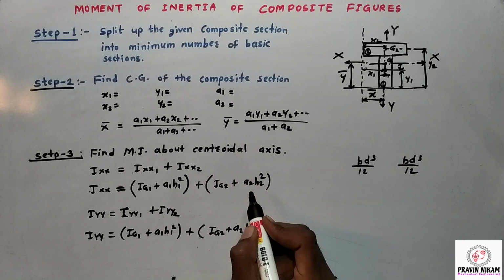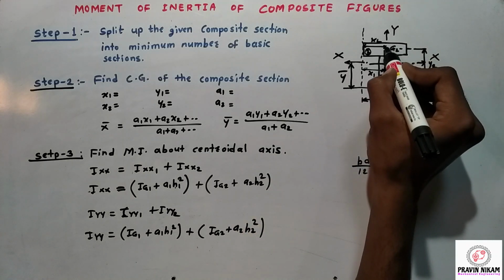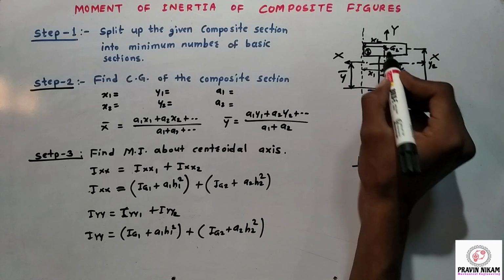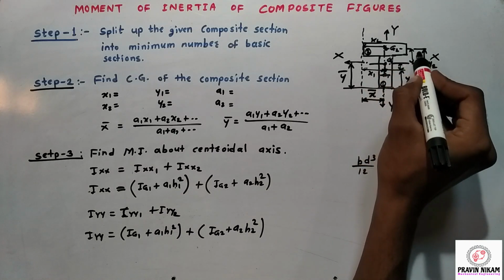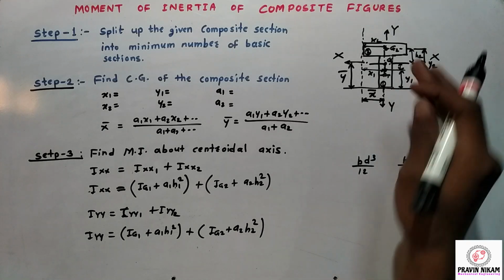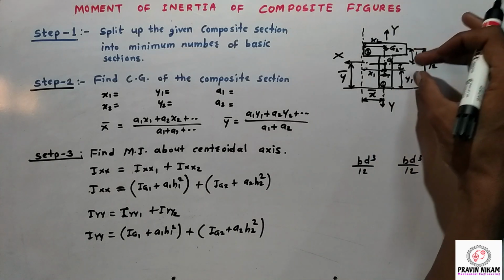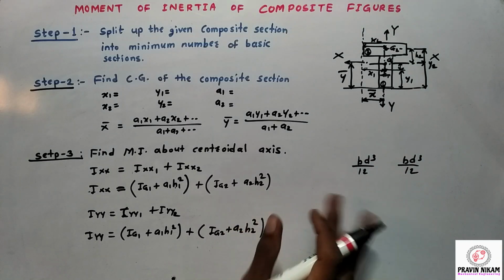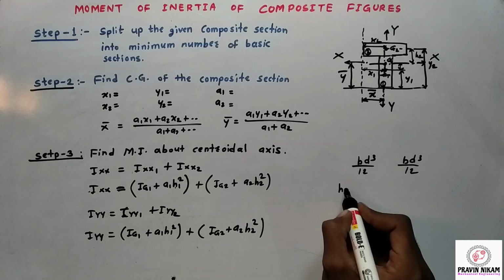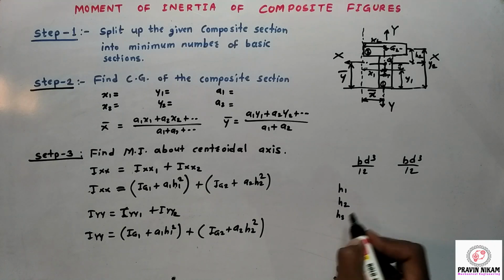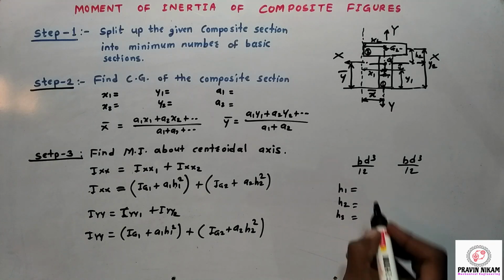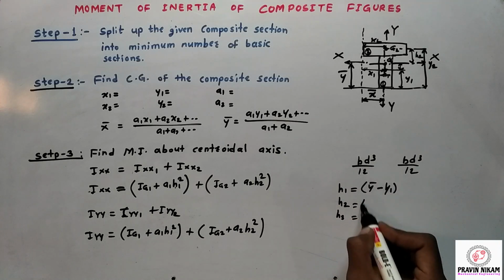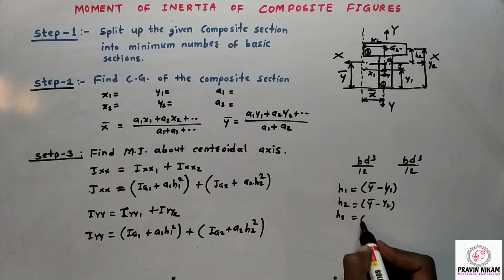Then what is H2? The distance between centroid of section 2 and main centroid, that is G2 and G. So this is H2. So H2 is what? This is Y2 minus Y bar. So H2 is Y2 minus Y bar. Or you can write for H1, H2, or if H3 is there, you can write similar formula: Y bar minus Y1, Y bar minus Y2, Y bar minus Y3.